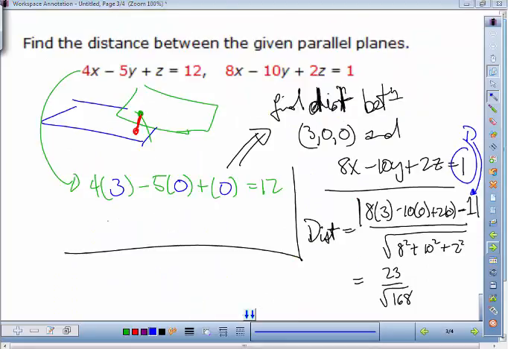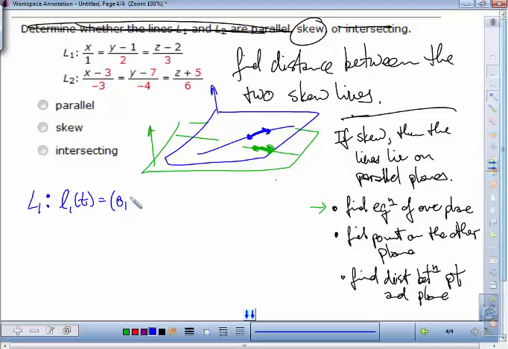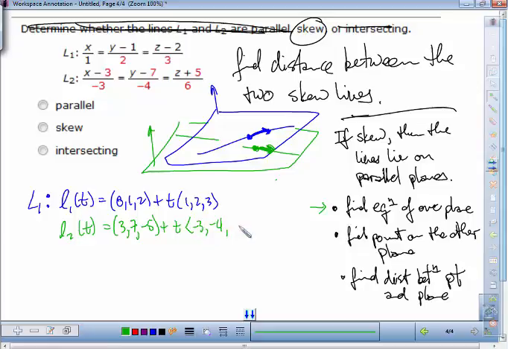So 0, 1, 2 is a point, plus t times the direction. The direction is 1, 2, 3. L2, what's the point? 3, 7, negative 5. Negative 3, negative 4, 6. Thank you. So we have the point and the direction for each of those lines.